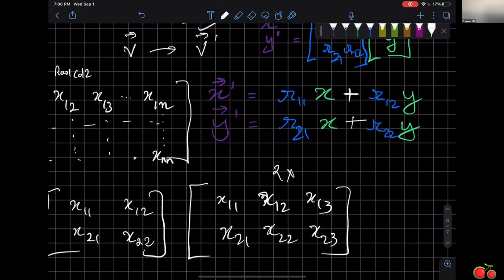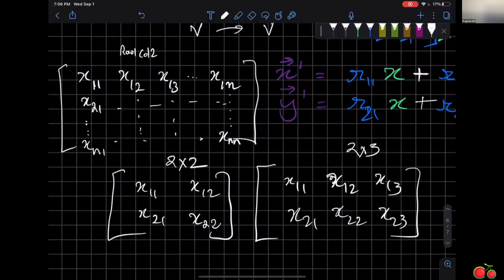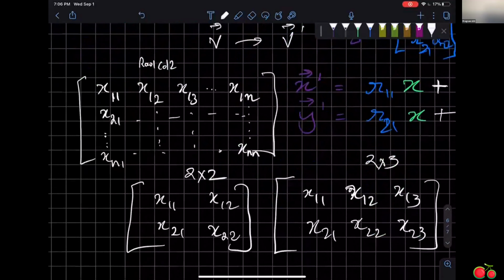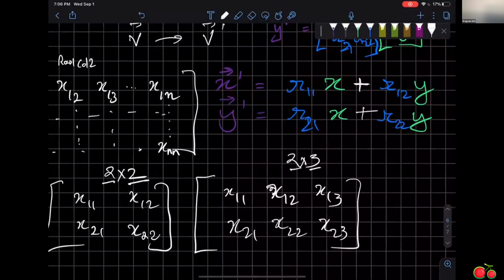Okay, so this is a 2x3 matrix, and that is a 2x2 matrix. The first number represents the number of rows, and the second number represents the number of columns, right?